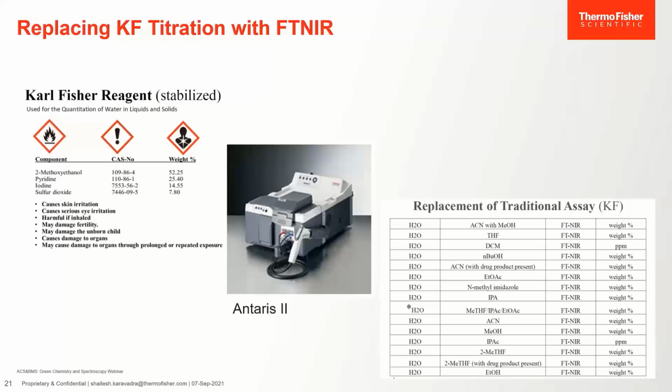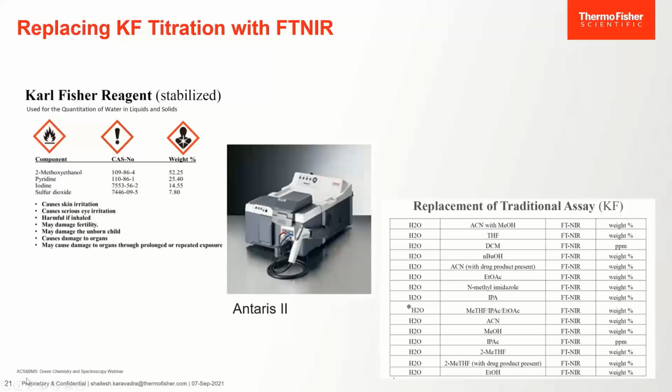As you can see from the example shown here, H2O in this mixture, H2O in THF, DCM, and so on, H2O in EtOH, all of these can be easily done with FT-NIR. Typical concentrations can go to ppm levels, whether measured in ppm or weight percent, both can be easily done using FT-NIR.